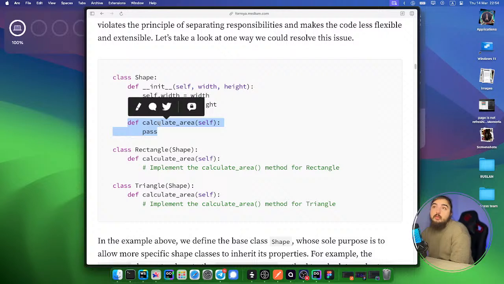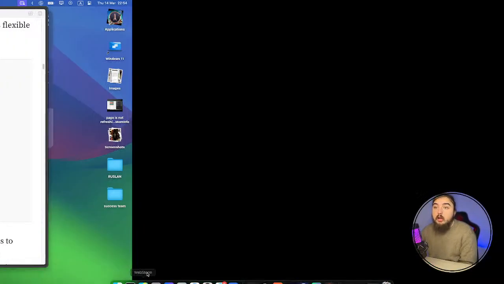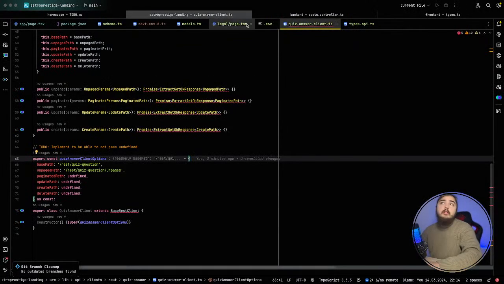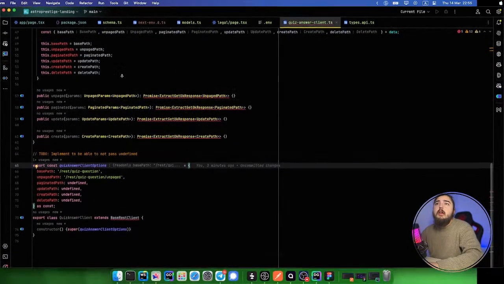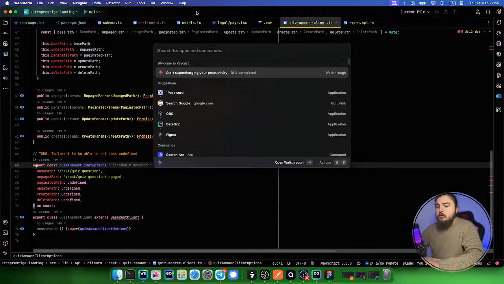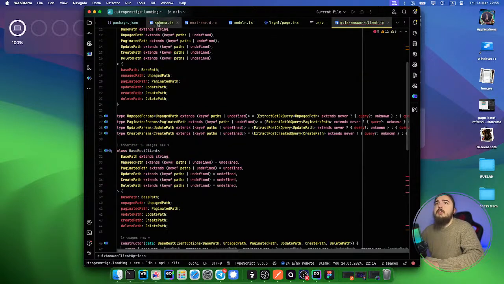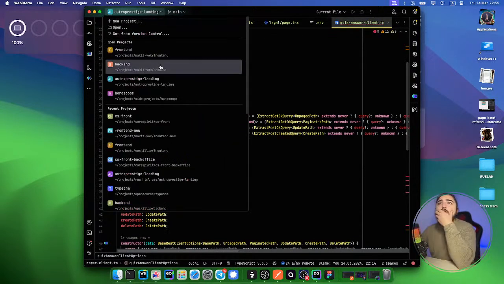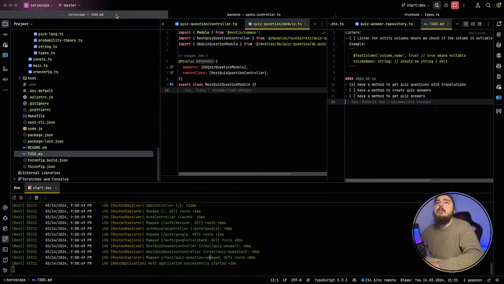Yeah, in case of good programming languages, you have an abstract method. Yeah, I have an example here. Let's take a different one.